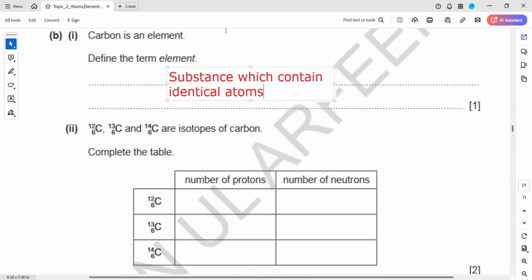Learn the definition of the element. How many protons are there in this carbon? 6. How many neutrons? 6. Sorry, we take the difference. How many protons? 7.